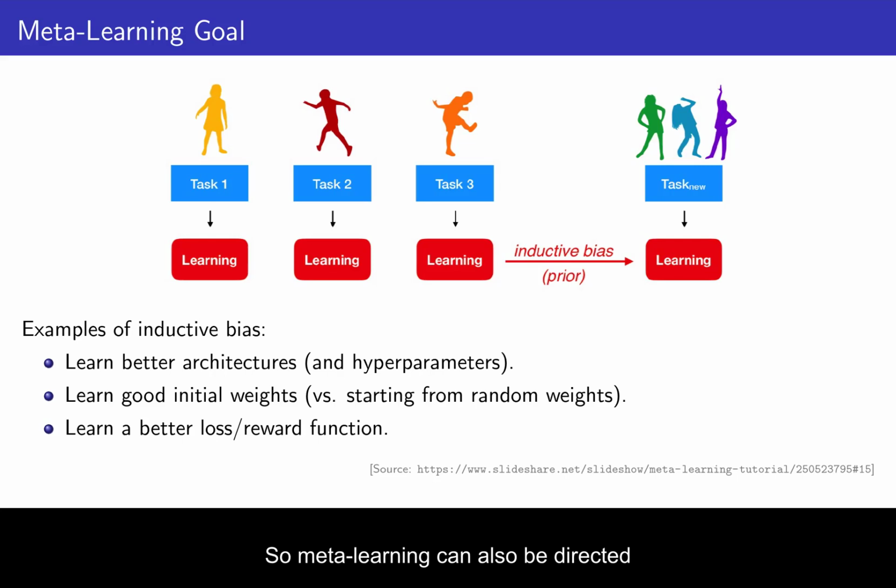Meta-learning can also be directed towards learning good initial weights. This is a direct link to transfer learning methods such as supervised and self-supervised learning, which we saw in the previous slide.